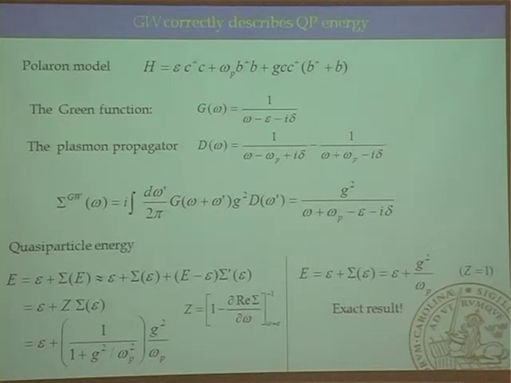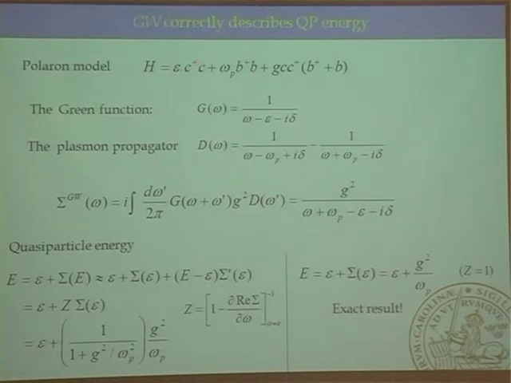Here I would like to do a little exercise to show that GW actually describes correctly the quasi-particle energy for relatively weakly correlated systems. I take a Polaroid model. I have just one level.